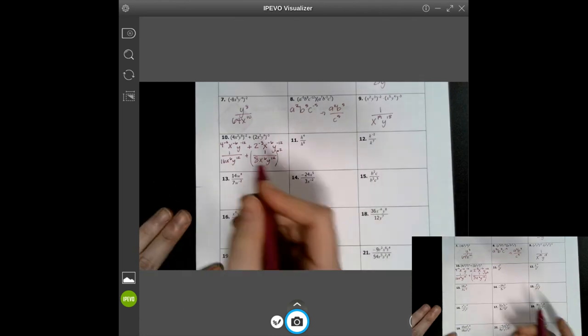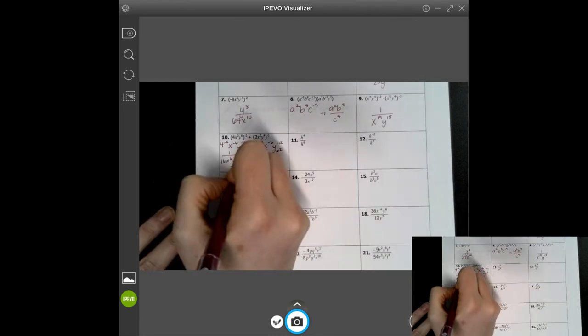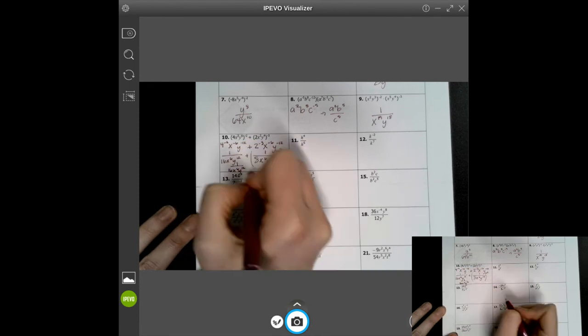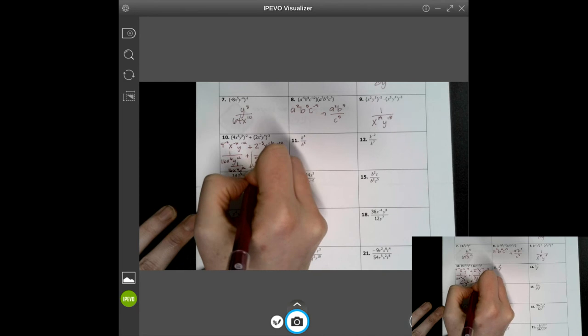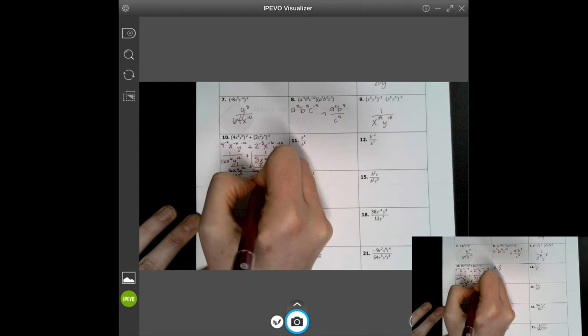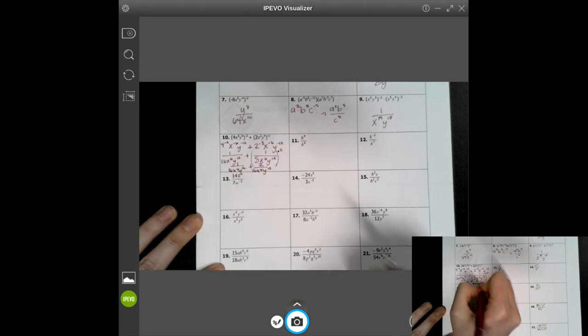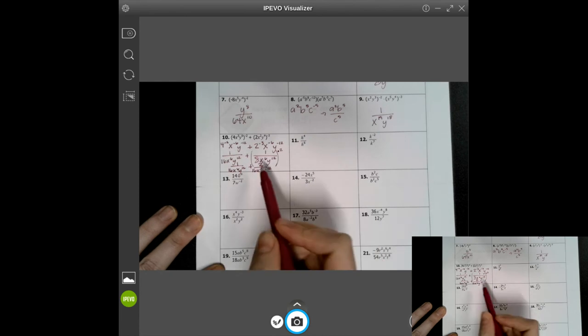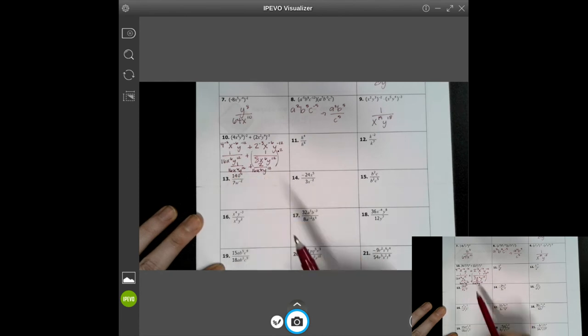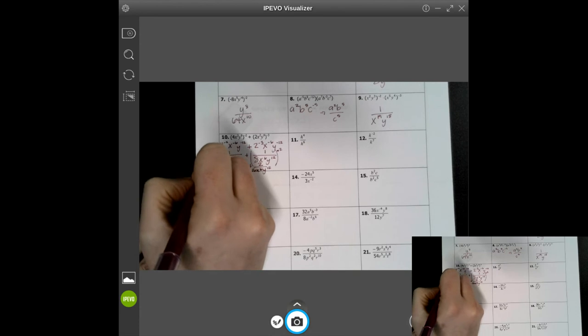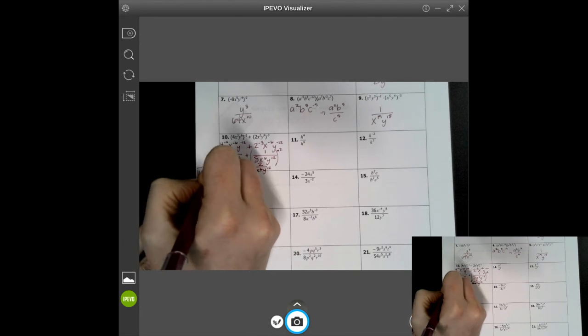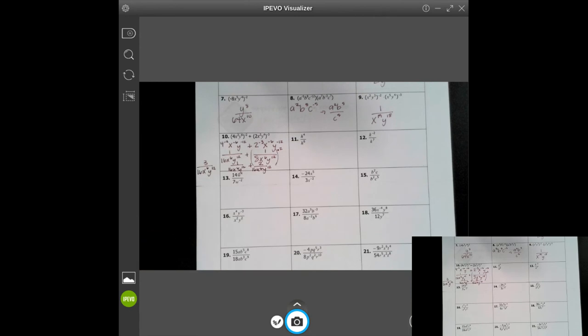So this will become now 1 over 16 x to the 6th y to the 12th plus 2 over 16 x to the 6th y to the 12th. So then I can add my numerators over the same denominator. So this becomes 3 over 16 x to the 6th y to the 12th.